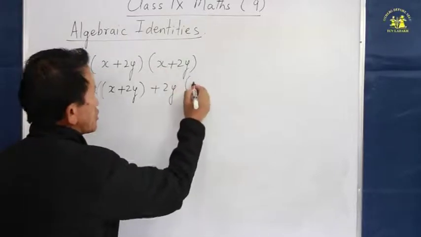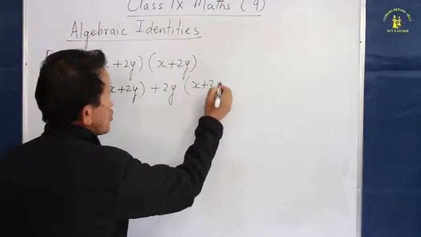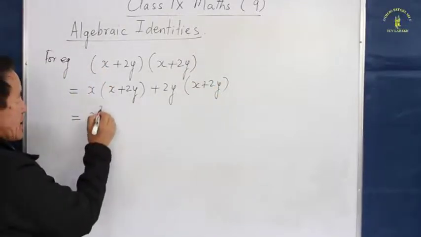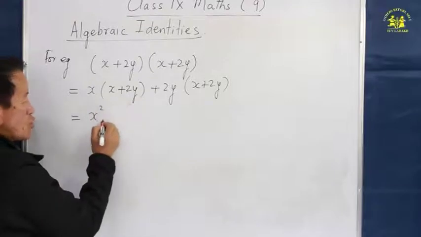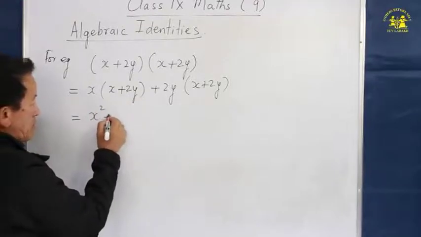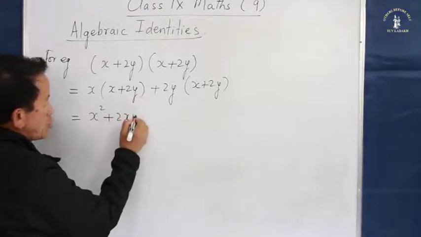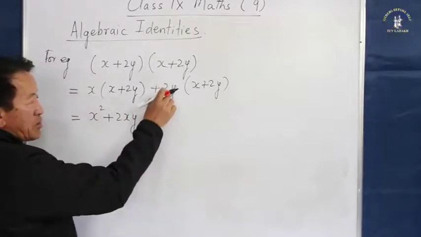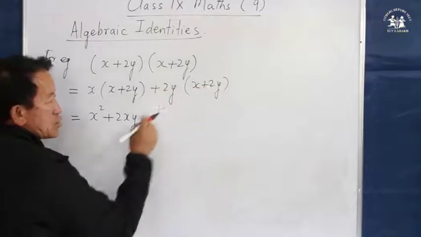So 2y into x plus 2y. So x into x, x square, x into 2y, 2xy, plus, again you multiply 2y with these two terms.